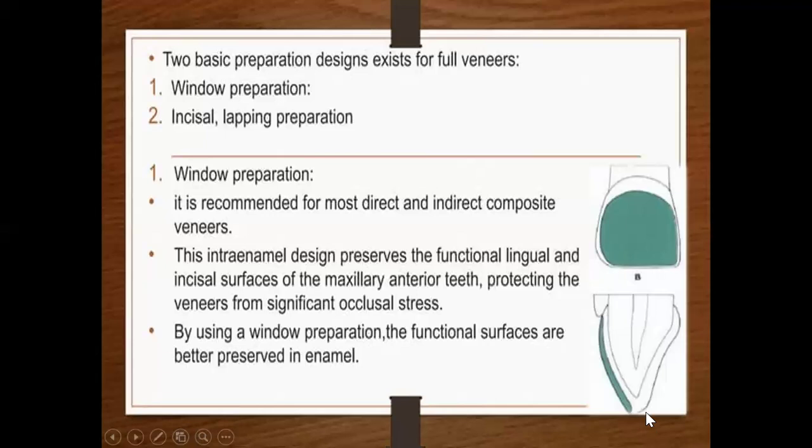You can see these areas are the functional areas, which we see outside when the patient smiles. So this type of preparation is used for better preservation of enamel, and less enamel is removed or disturbed during the preparation.